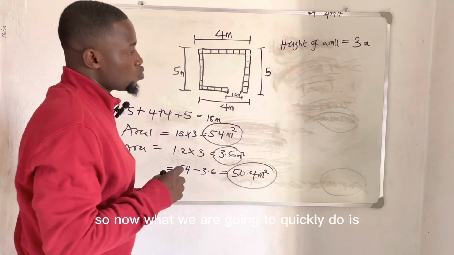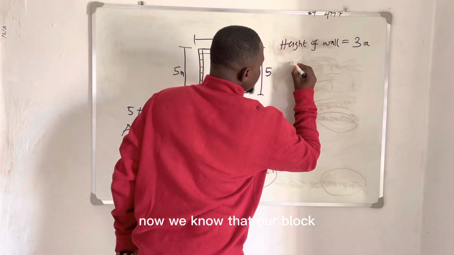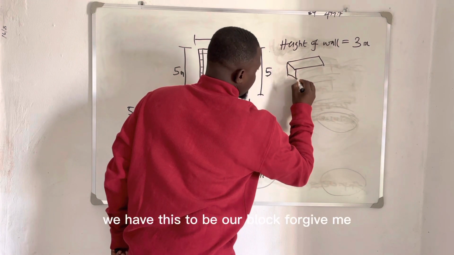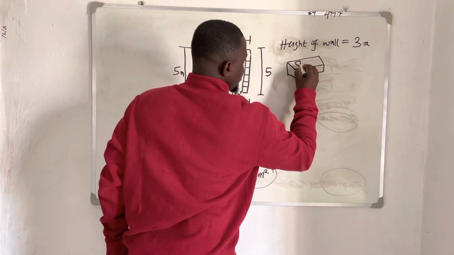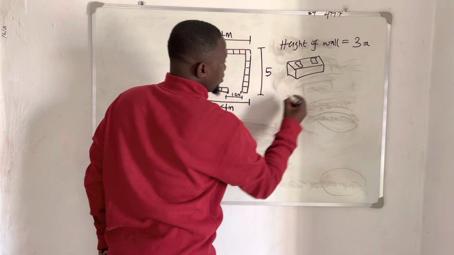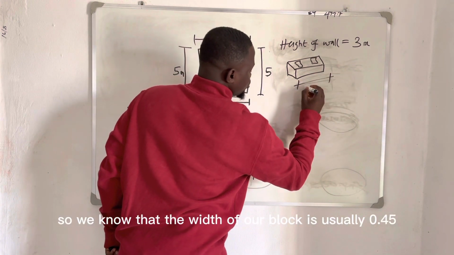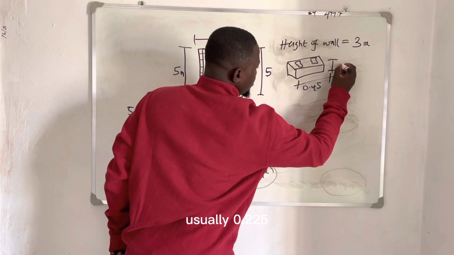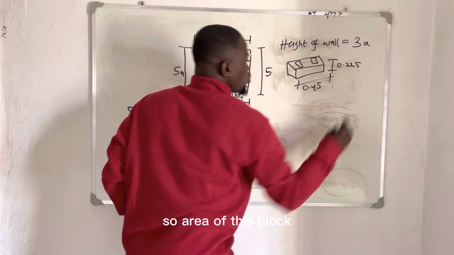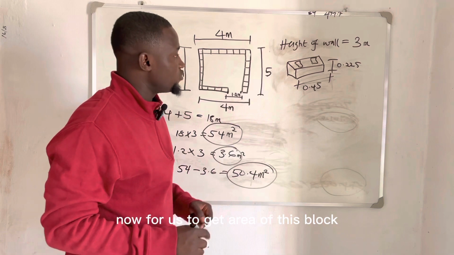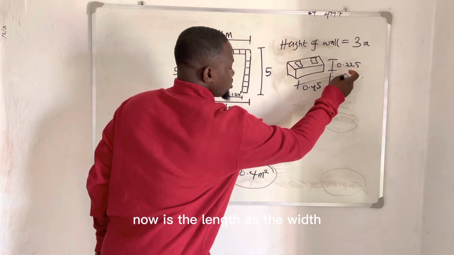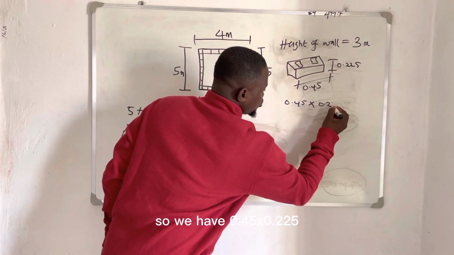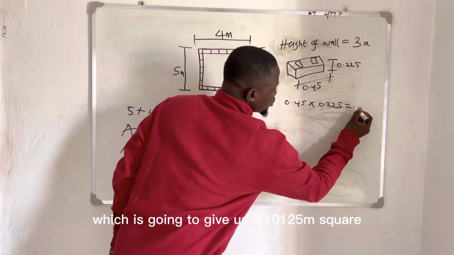So we know that the width of our block is usually 0.45, then the height of our block is usually 0.225. So the area of this block is the length times the width. So we have 0.45 times 0.225.